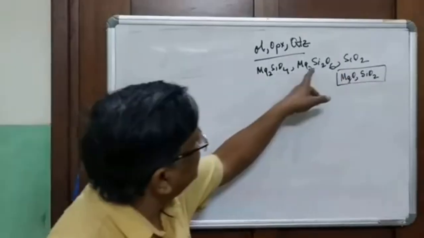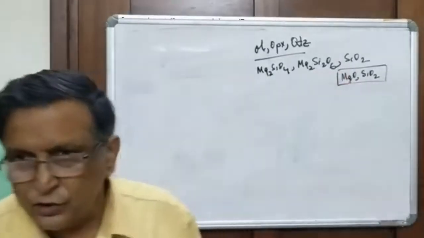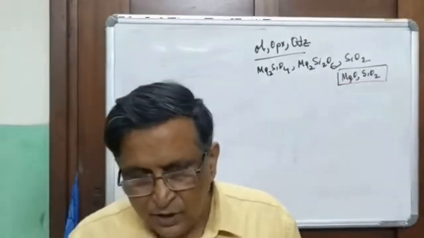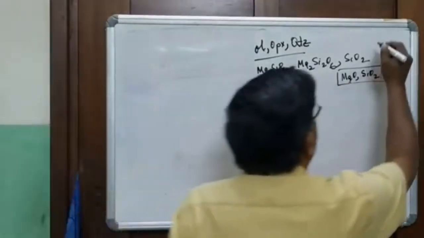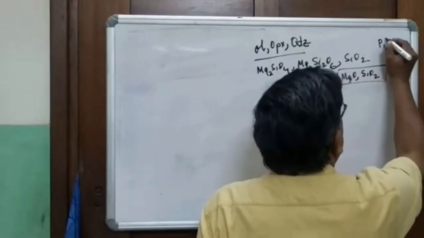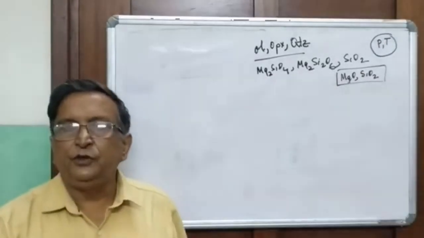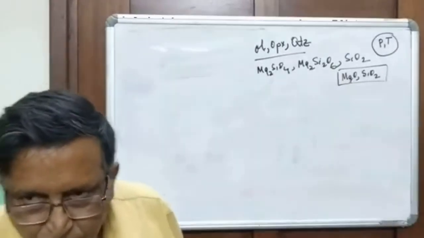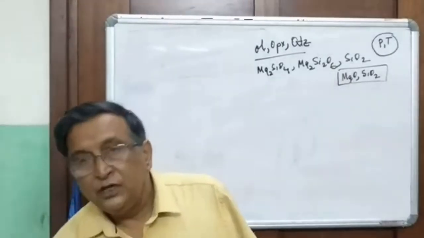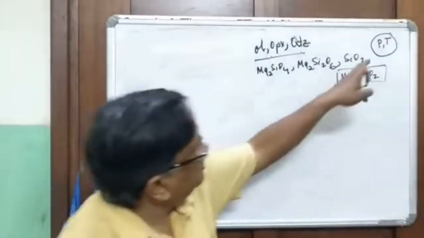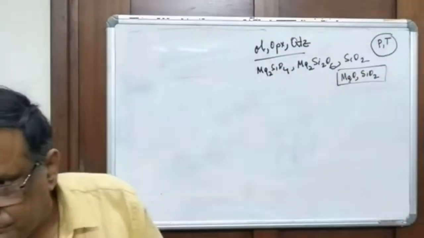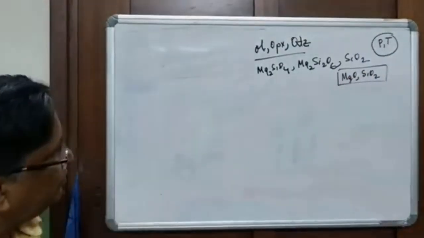But we see here that they are all pure phases, so there is no compositional variable. So the metamorphic variables here are mainly pressure and temperature. If there are two variables, you need two equations, and therefore there should be two reactions. Theoretically, you need them to evaluate the pressure temperature condition. Right? Let's see where we are.